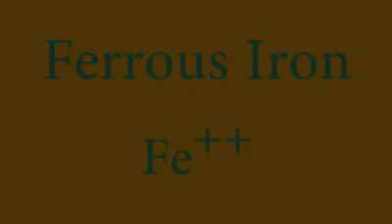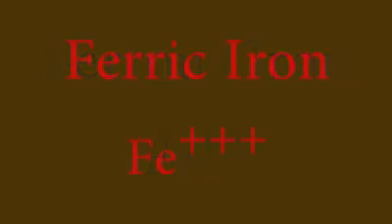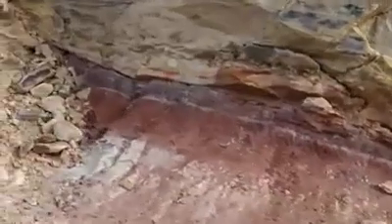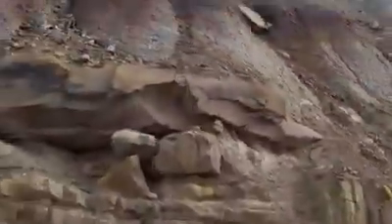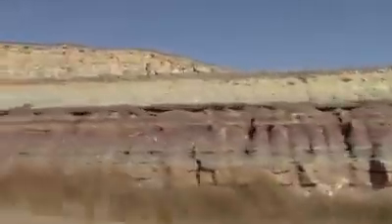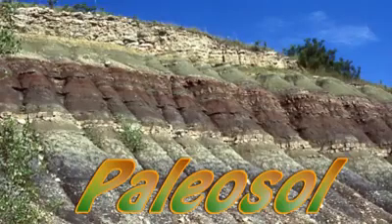With no oxygen, iron becomes chemically reduced and we call it ferrous iron, which tends to display green to gray colors in rocks. With oxygen present, iron is oxidized to ferric iron, which tends to display yellow to red colors. Mudstones with brightly colored greens and reds are most likely to be ancient soil deposits, which we call paleosols.